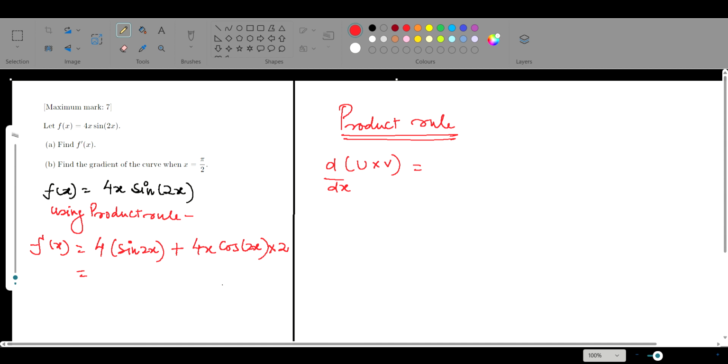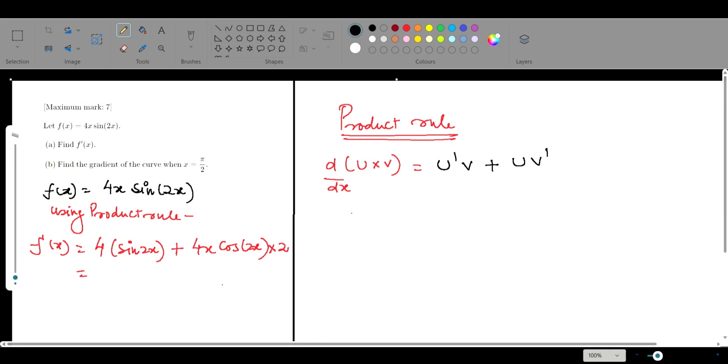Or you can say in dash form. Dash is the differentiation part, so you can say in the dash form. It will be u dash times v plus u times v dash, right?